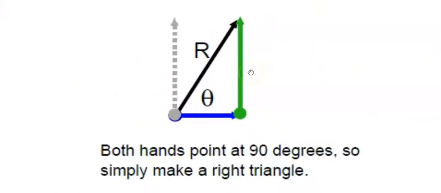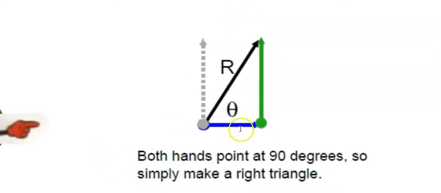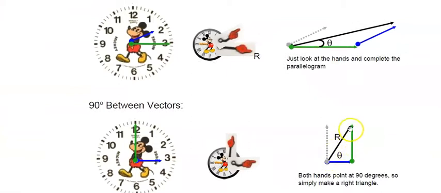Since both hands point at 90 degrees, they make a right triangle, and the hypotenuse of this right triangle is the resultant of these two vectors, blue and green. This black resultant vector is shorter than this black resultant vector when the angle was only 30 degrees. So as you increase the angle between the vectors, you decrease the resultant between them as well.